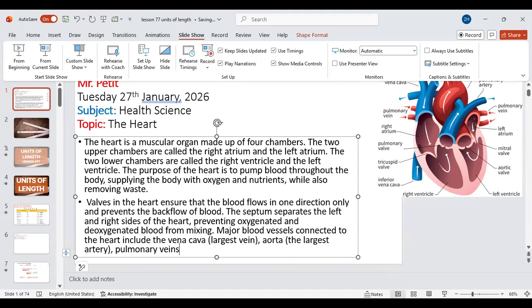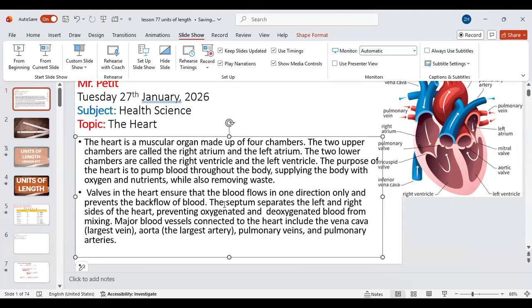Very good. And pulmonary arteries, which transport blood to and from the heart, right?